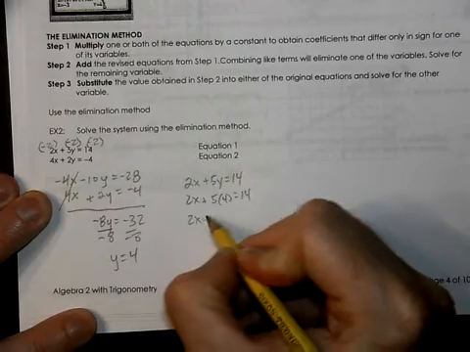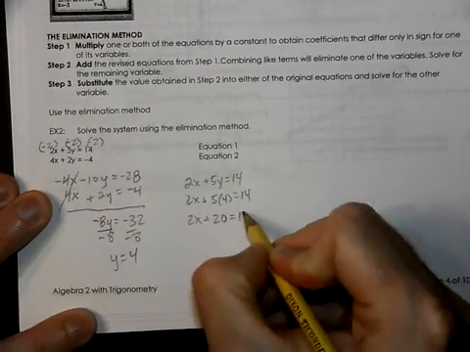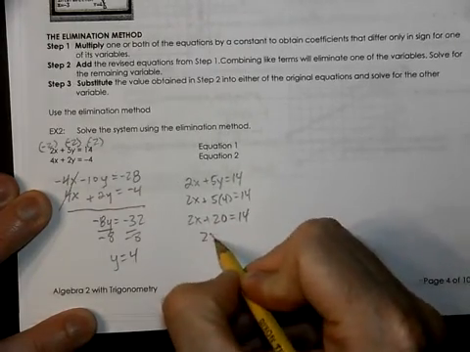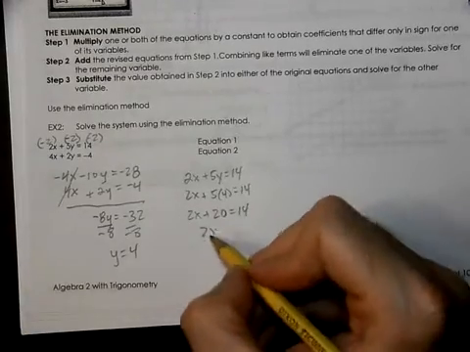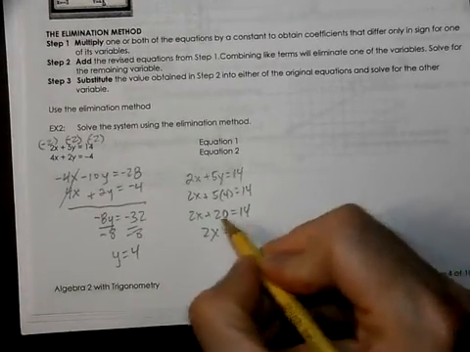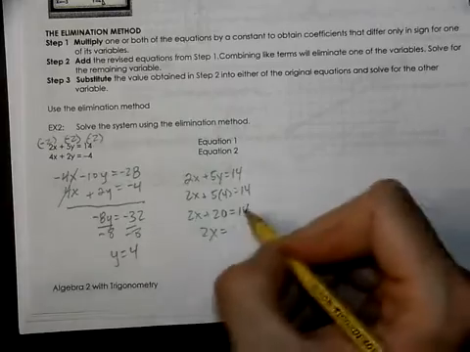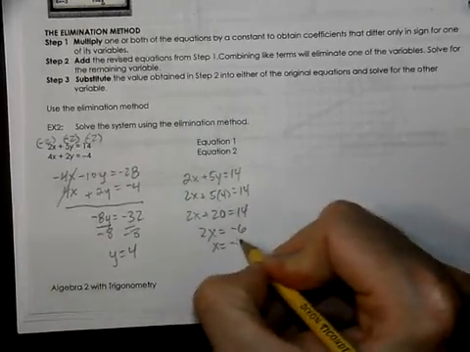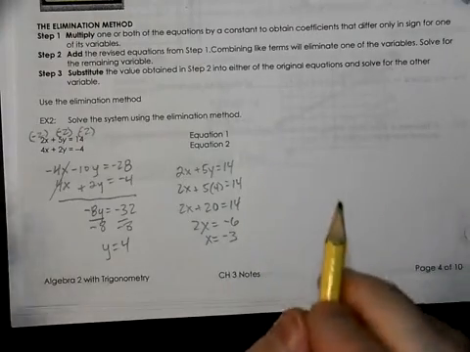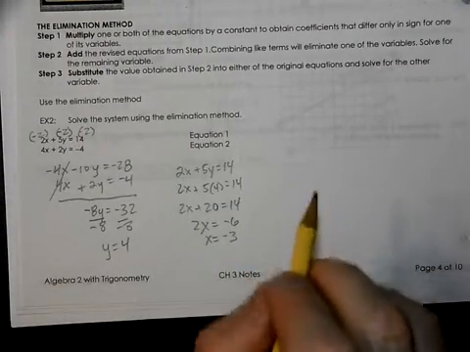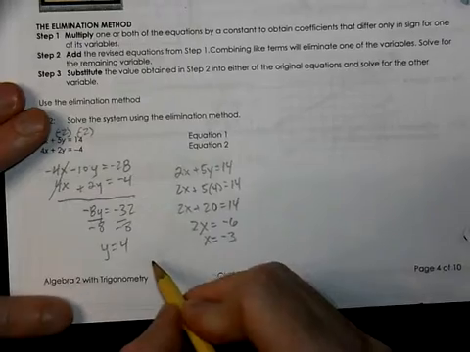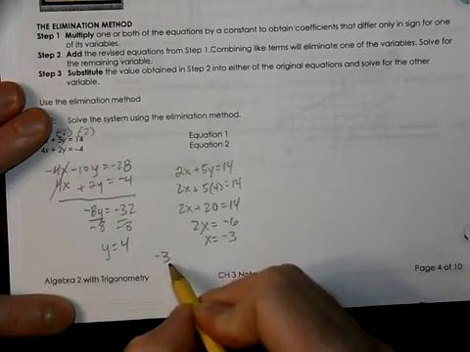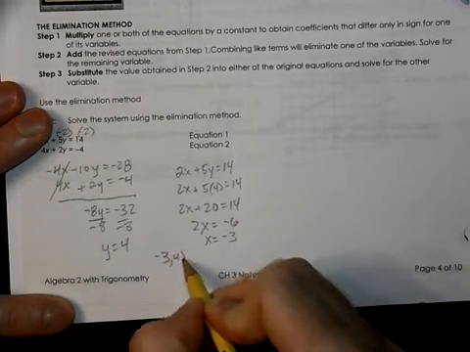Multiply out 5 times 4, subtract the 20 across to get negative 6, and x is going to become negative 3. So our solution for this system of equations is negative 3, 4.